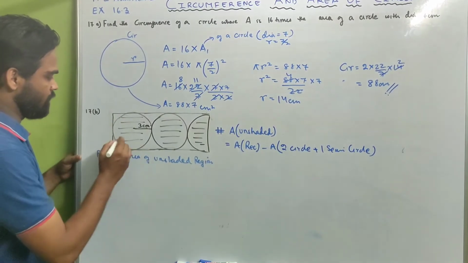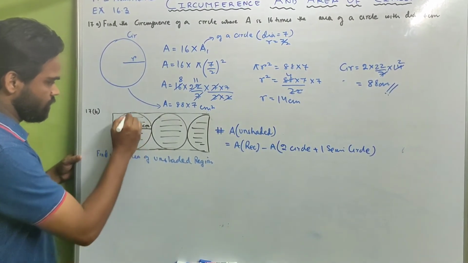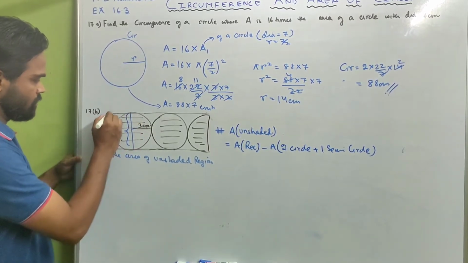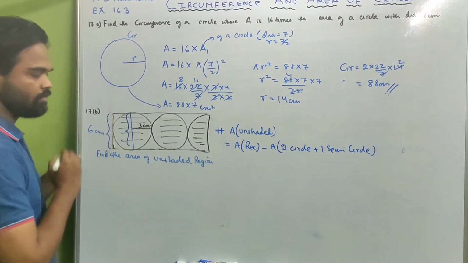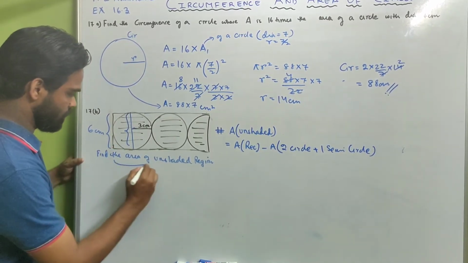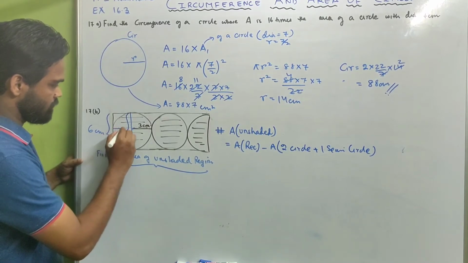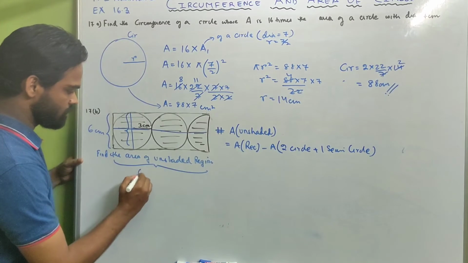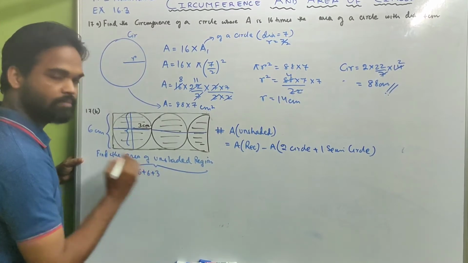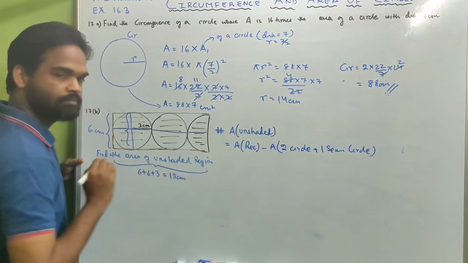If you look at the rectangle, see, this is 3, so this is also 3, which means the diameter is 6. So the breadth will be 6 centimeter. When you talk about the length of the rectangle, see, this is 6 plus 6, 12 plus 3, which is 15 centimeter.